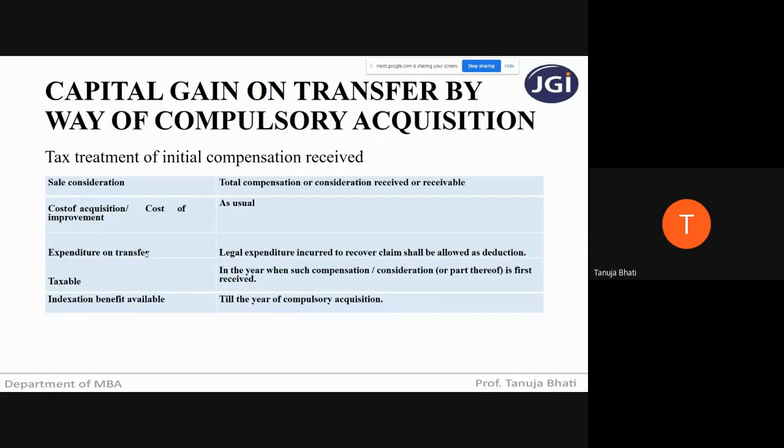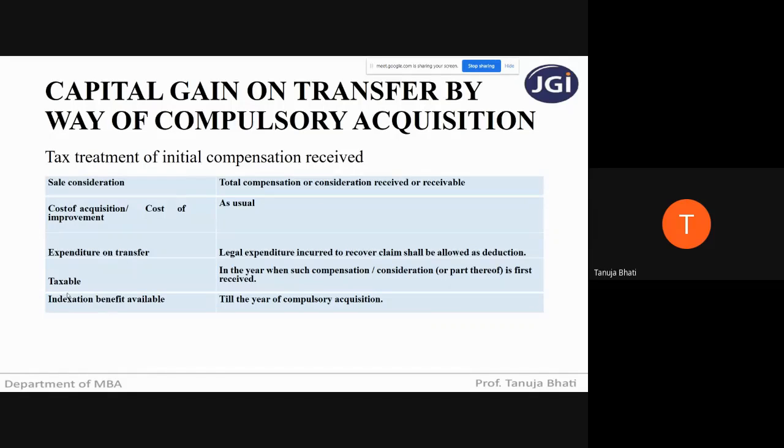Expenditure on transfer will be legal expenditures incurred to recover the claim, which shall be allowed as deduction. So whatever court case, like suppose if you have filed a court case against the government, or whatever legal expenditures you are incurring for such compulsory acquisition, that also will be an expenditure on transfer.